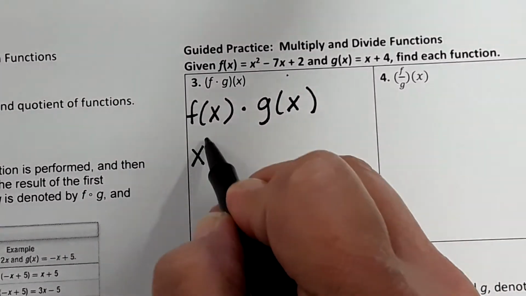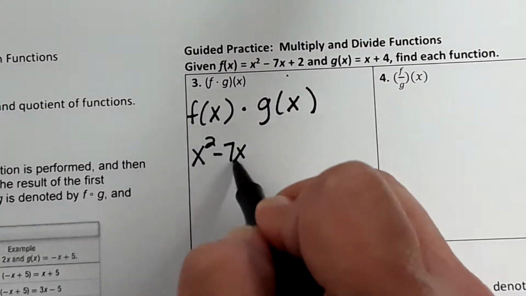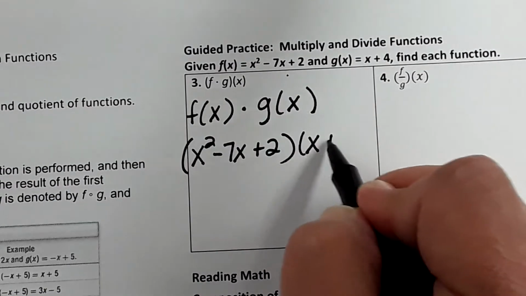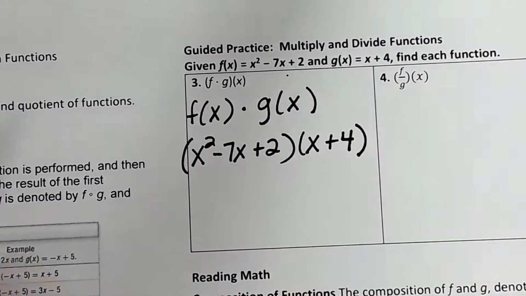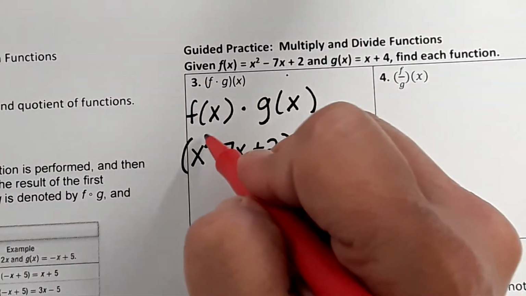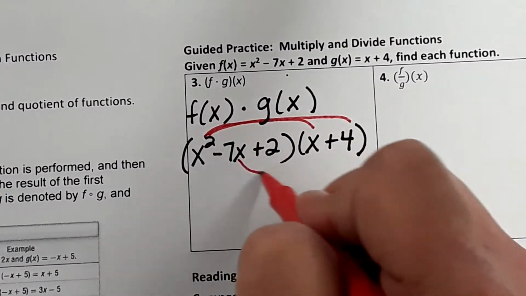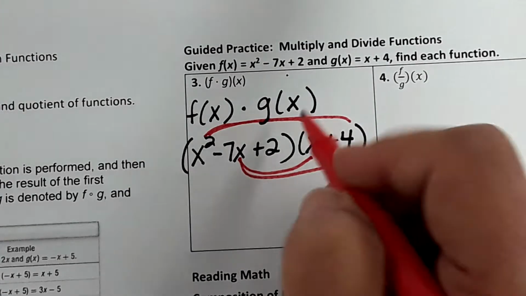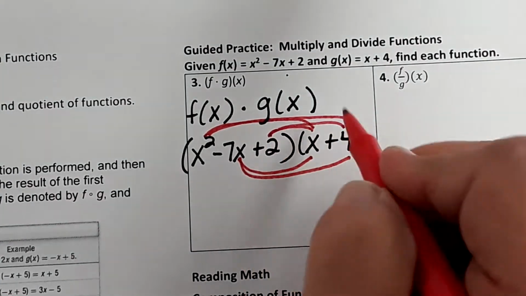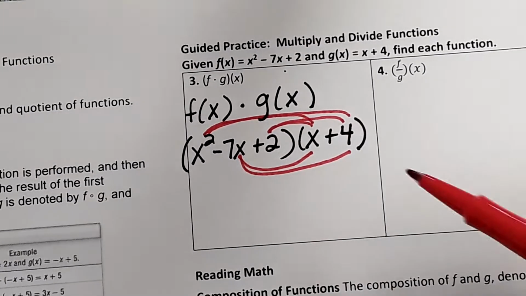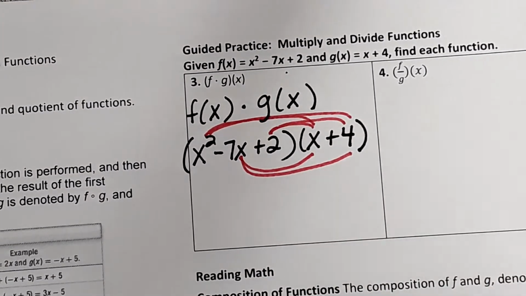So we have x squared minus 7x plus 2 times x plus 4. When you do this, we're going to distribute or FOIL.